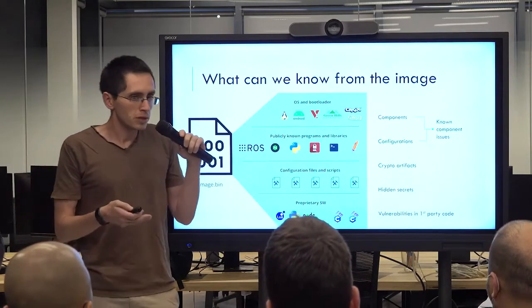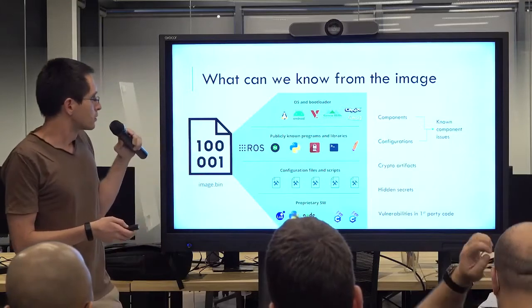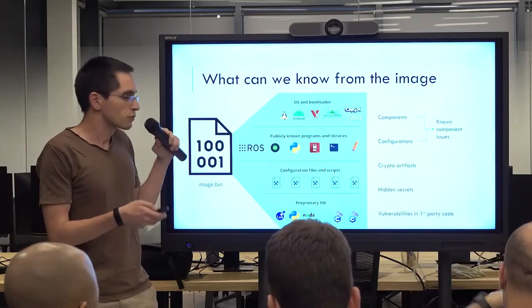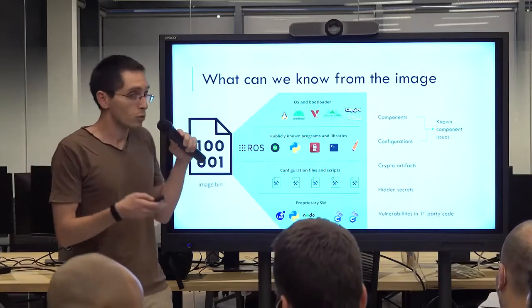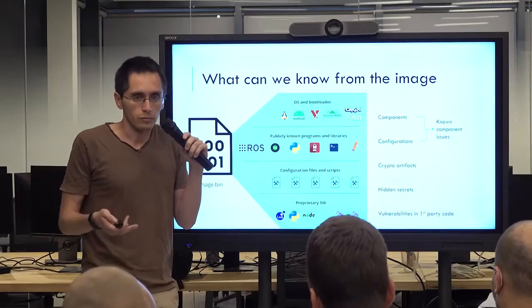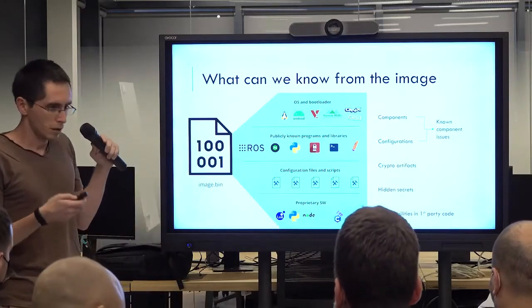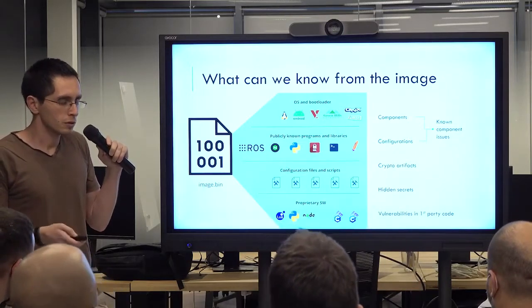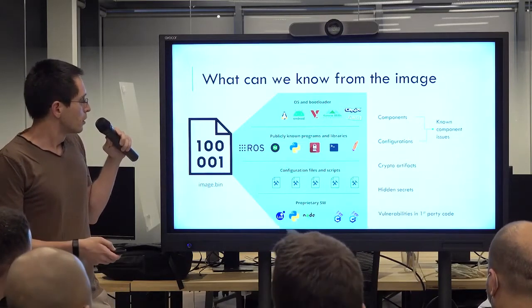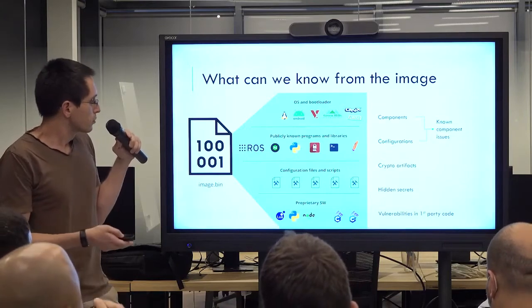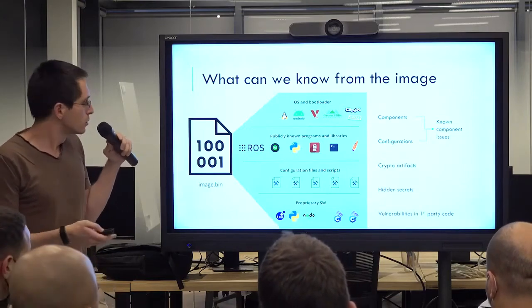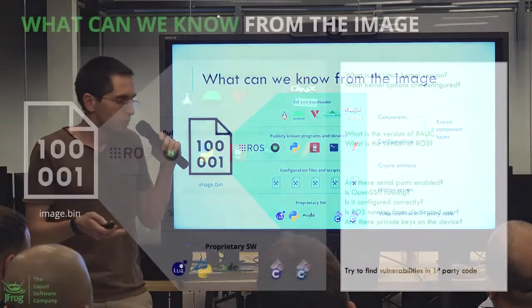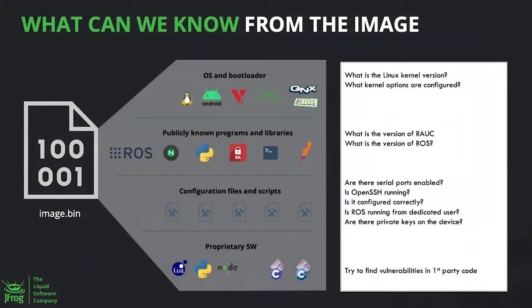What you could learn from it are the versions of the components, which give you the known issues that are already publicly known. And if you knew what components you have and monitored them, you could prevent those issues. There are also artifacts that could be hidden in the software that you would not want there. So, specific examples of what you could find there and what you could ask about what's in the image.